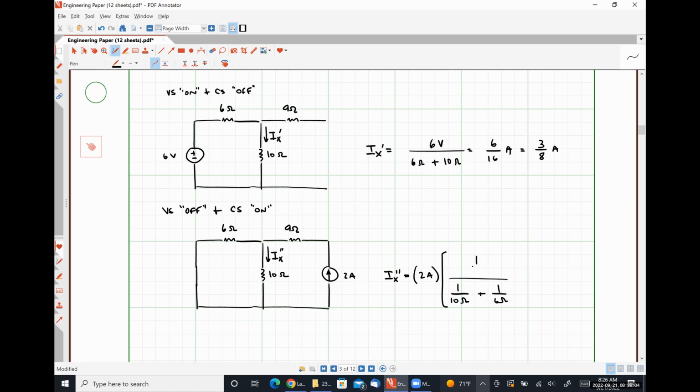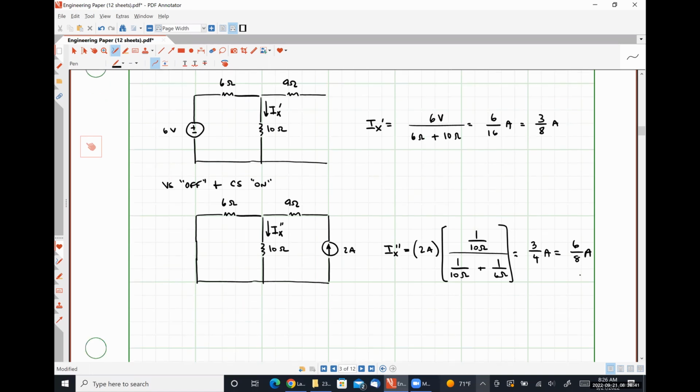And since we want the current through the 10 ohm resistor, it goes in the numerator like so. And we can throw this into our calculator. So we're going to have 2 times 1/10, over 1/10 plus 1/6. And this comes out to be 3/4 of an amp, which is the same as 6/8 of an amp.